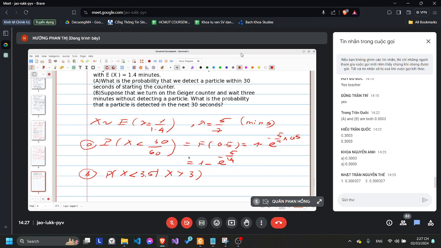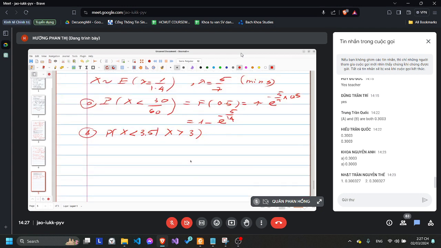Hence, using the conditional probability formula, we have the probability of S greater than 3 and less than 3.5, over the probability of S greater than 3.